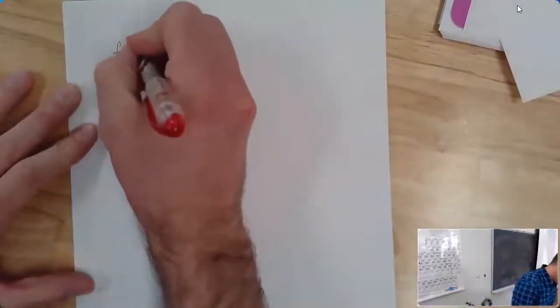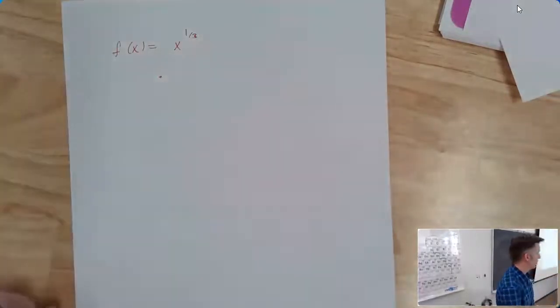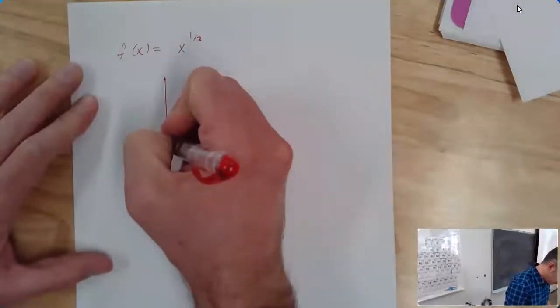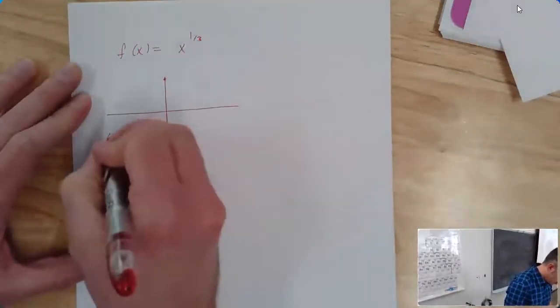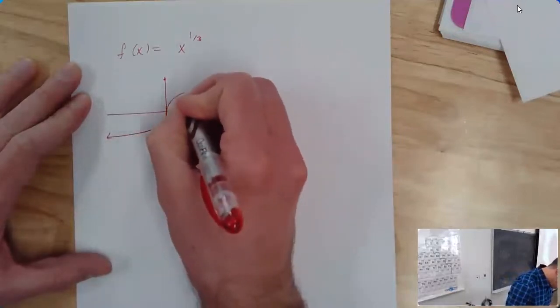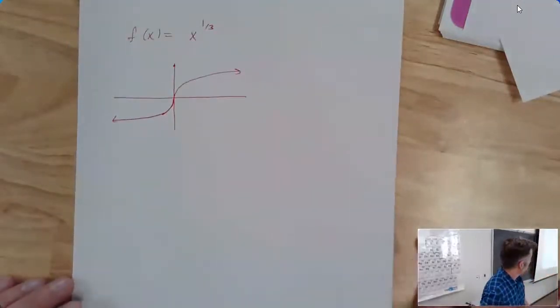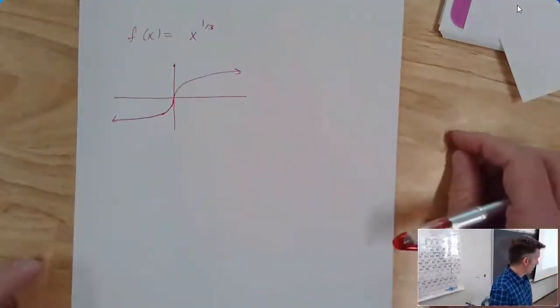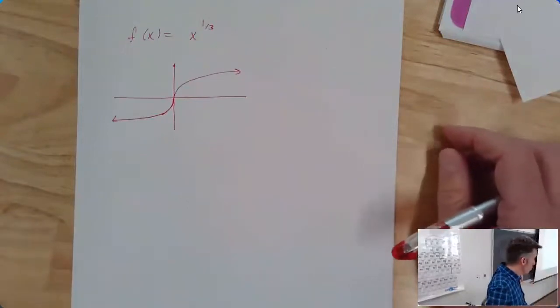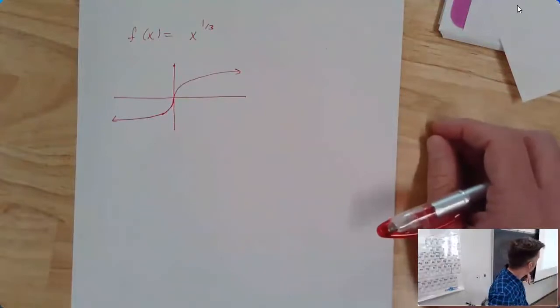Here's an example of a function that is kind of annoying. F of x equals x to the 1/3. Graph this function. Looks like this. It definitely looks like it has an inflection point there, right? The function is smooth. It looks pretty differentiable most of the time.